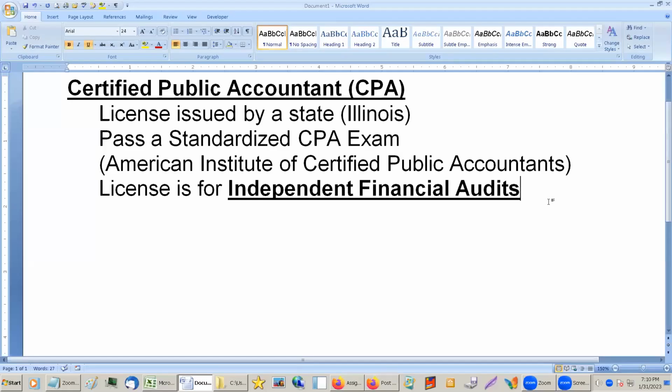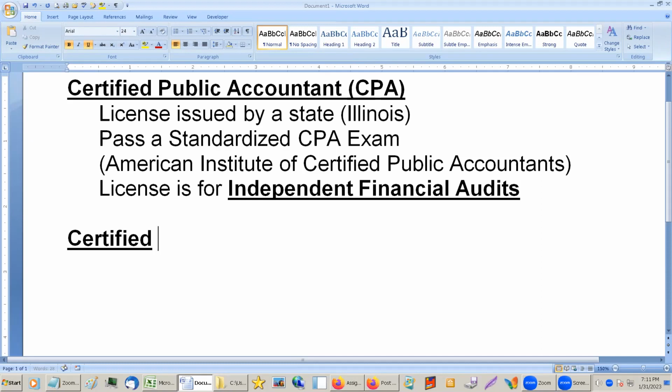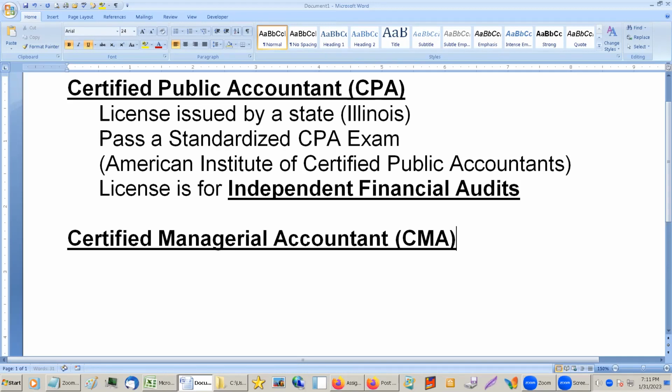Now, the CMA is not a license. It's not bestowed by the state like a driver's license. The CMA exam is not a license.